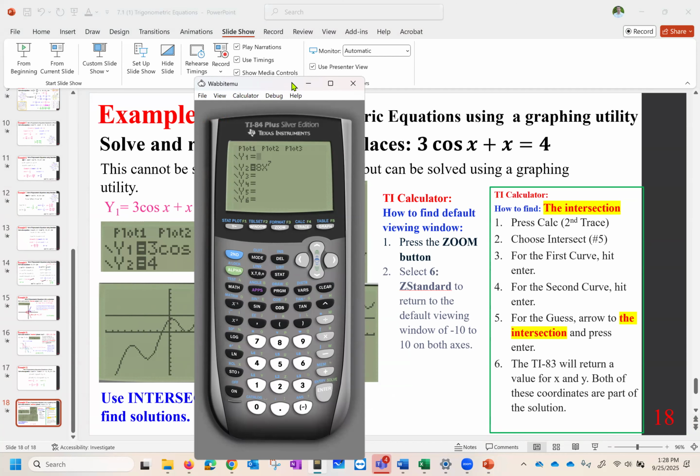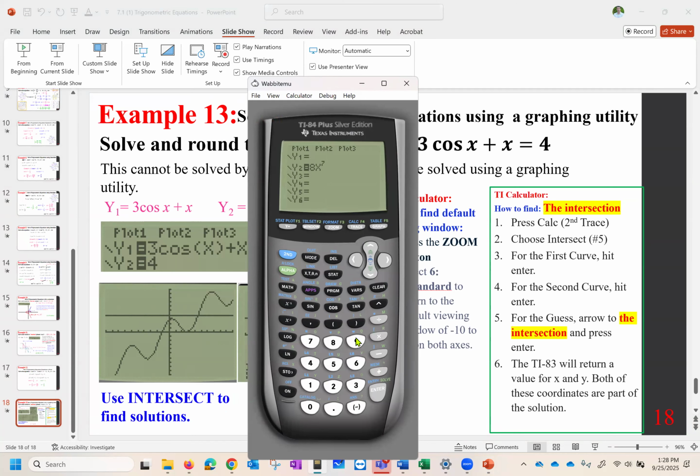Y, the first one, you put 3 cosine x, close parentheses, plus x, you enter, and the next one you clear it and you put 4, and you graph it. 3 cosine x plus x.